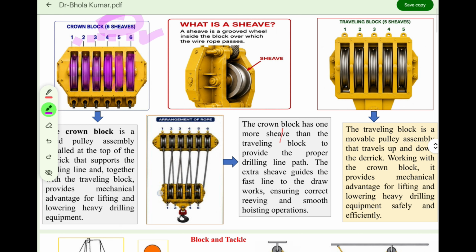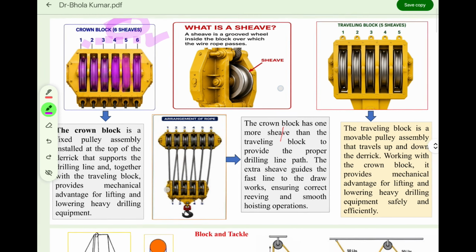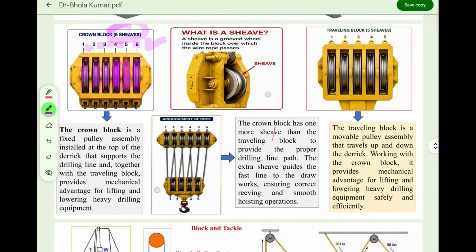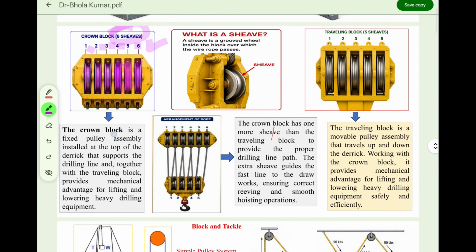If I talk about the definition of the crown block, the crown block is the fixed pulley assembly installed at the top of the derrick that supports the drilling line, together with the traveling block. Its main function is to provide the mechanical advantage.